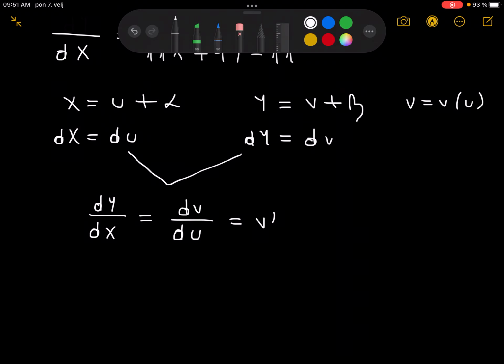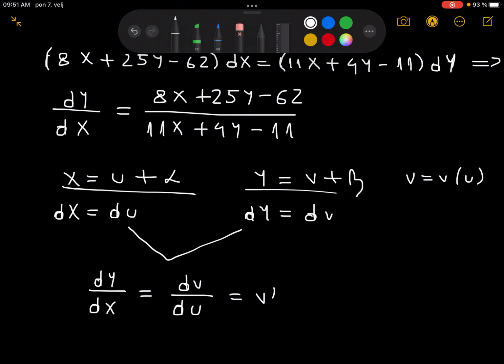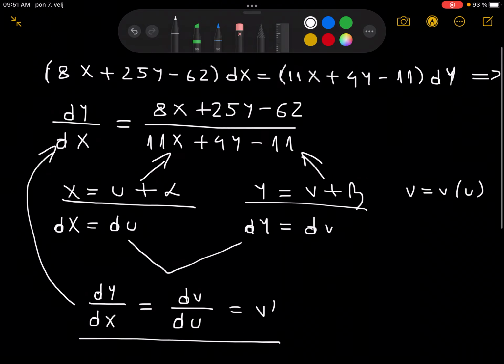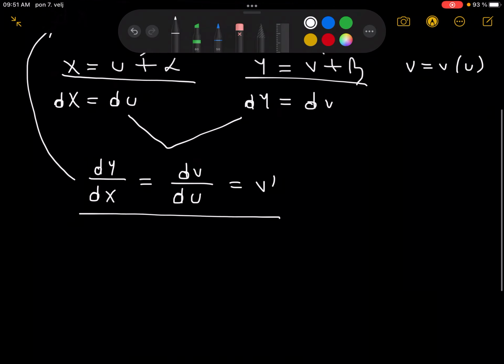Okay, now let's plug in a couple of things, this and this right here, into our previous form of the equation.